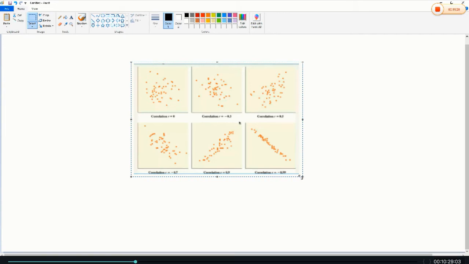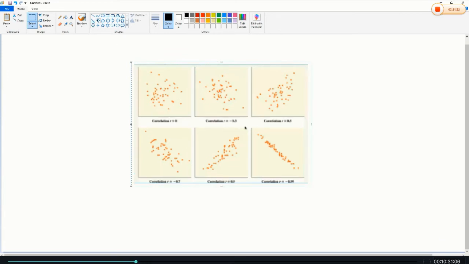So you see in this upper left one, it's hard to see, but the correlation is 0, and as you can see, there's no general trend in this scatter plot. There's no way you can draw an accurate regression line that represents this data.